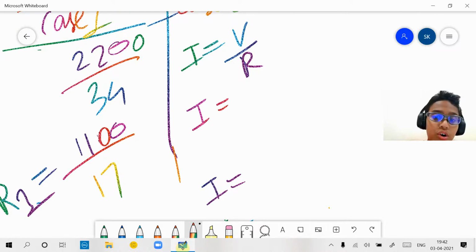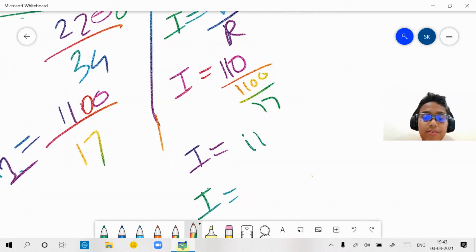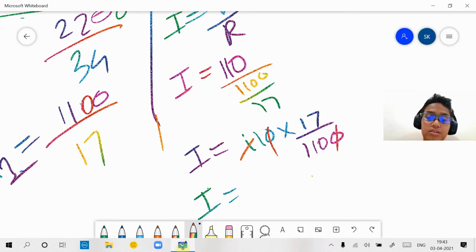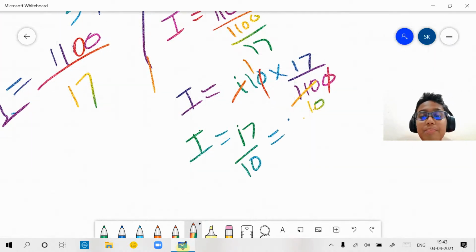So what was V in the second case? 110 volts divided by R. So what is R here? 1100 by 17. So 110, sorry for the mistake, into 17 by 1100. I was reversing it. So 11 ones are 11, 11 tens are 110. So 17 divided by 10 is 1.7.